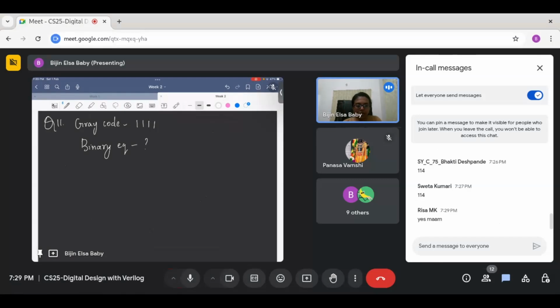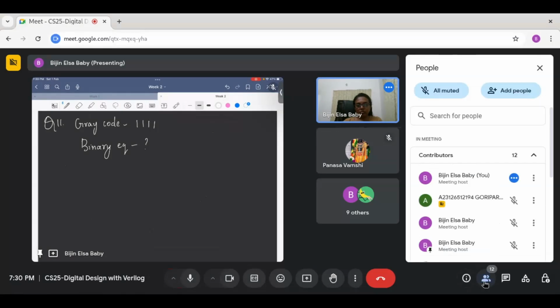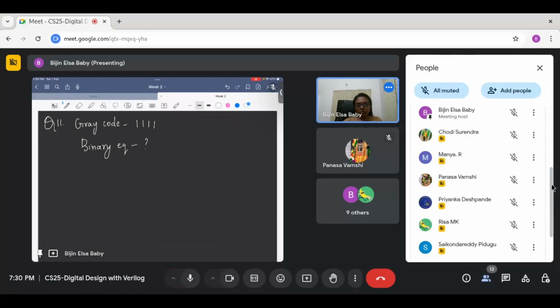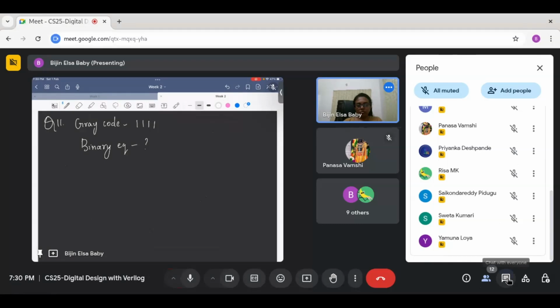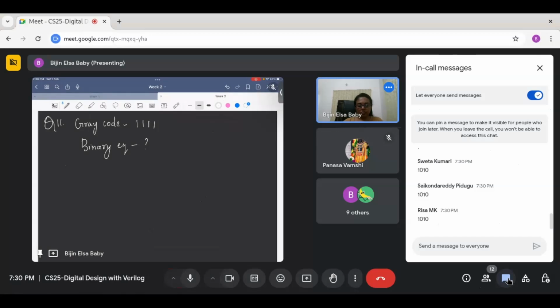Find the binary equivalent of this gray code. First bit, you have to write it as it is.